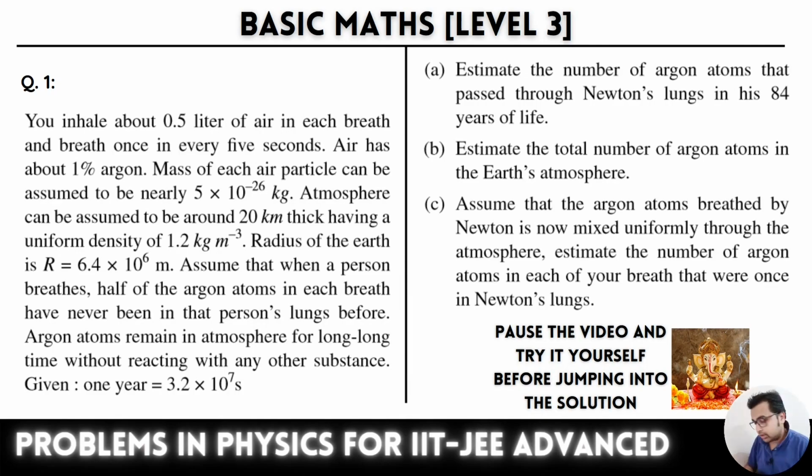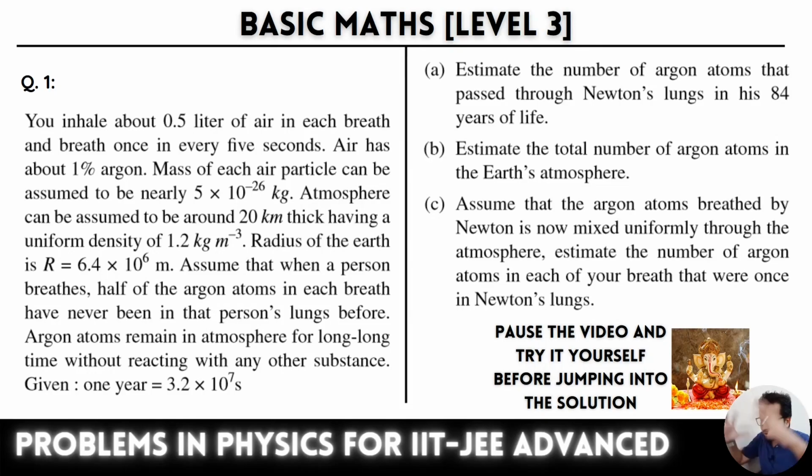It is also given that air has 1% of argon. Argon is a noble gas, you might know that. Mass of each particle can be assumed to be nearly 5 into 10 to the power of minus 26 kg. Atmosphere can be assumed to be around 20 kilometer thick, having a uniform density of 1.2 kilogram per meter cube.